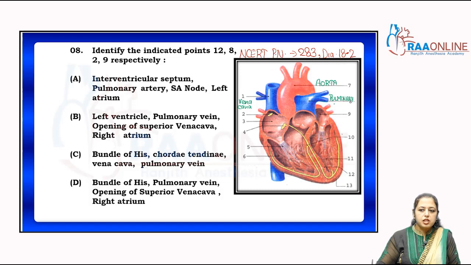But it is the pulmonary trunk. That 9th shows the left atrium. See here, that left atrium. That 10th, you can see here, is the AV node, then the bundle of His, and the bundle of His again divides into 2 branches, and these are the Purkinje fibers. So that 10 shows the bundle of His.